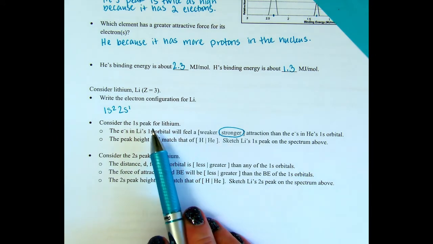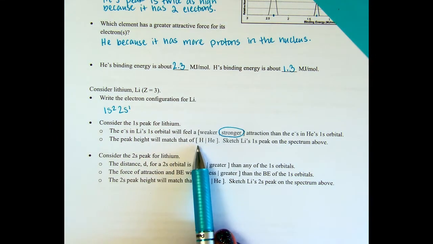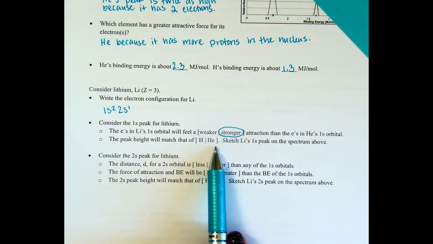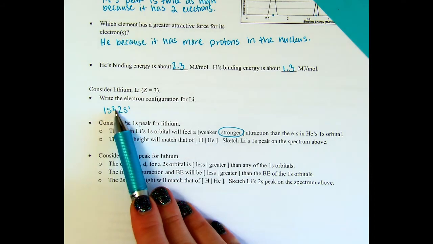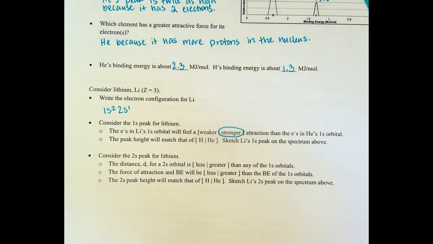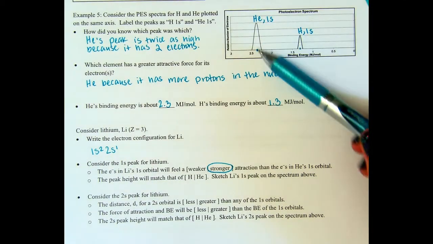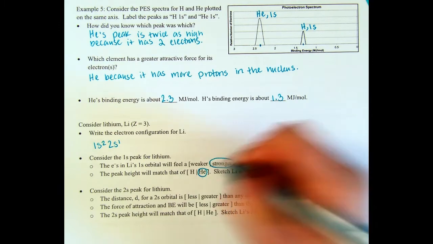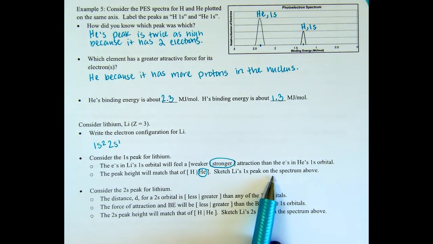The peak height, however, will match that of, is it helium or hydrogen? If we're looking at just the 1s, it's 1s2, so it's 2 electrons. That should be the same as helium, because there are 2 electrons as well. Then we're going to sketch lithium's 1s peak on the spectrum above.